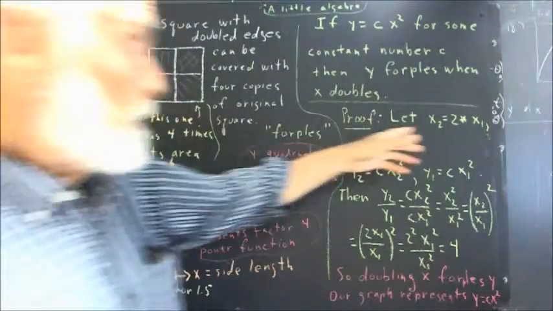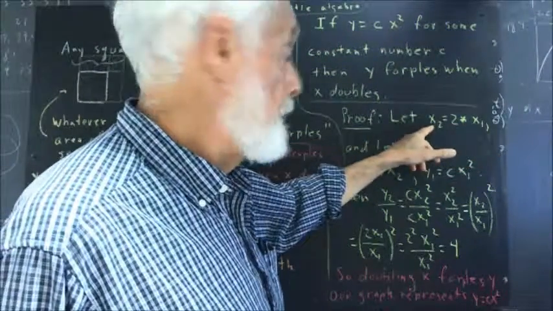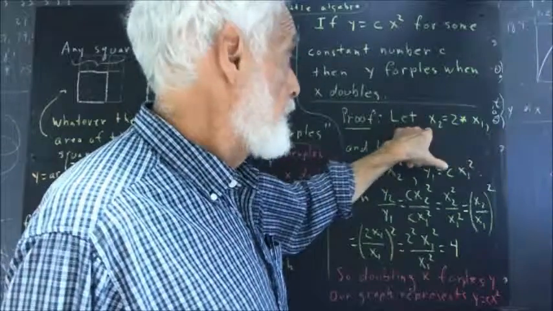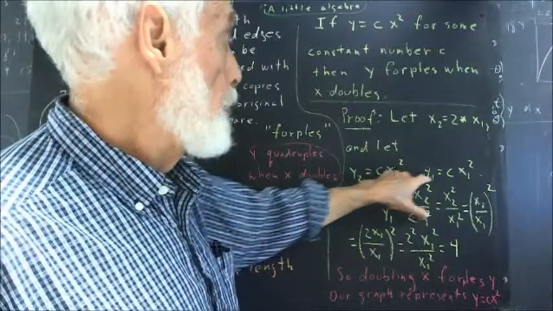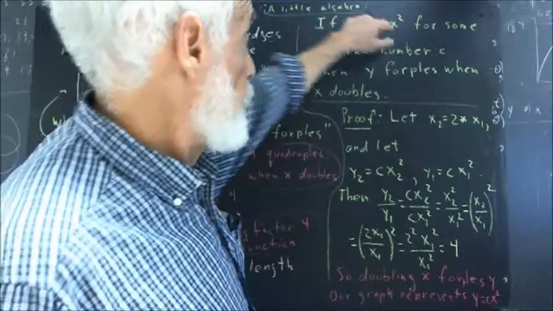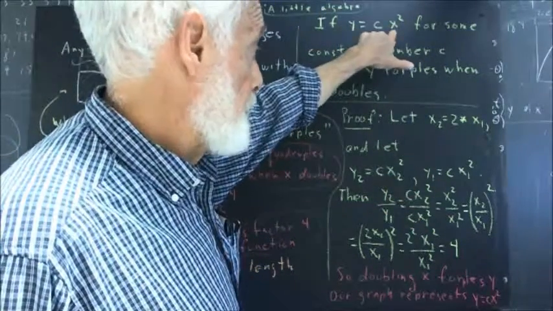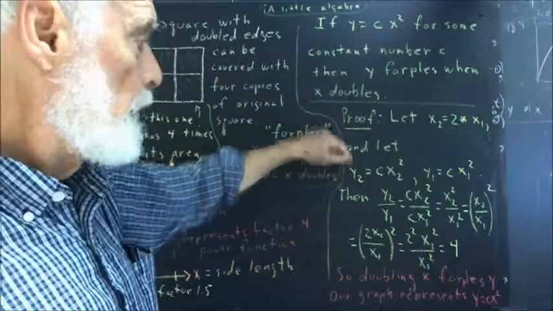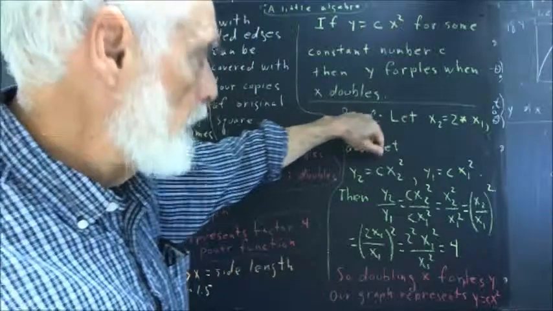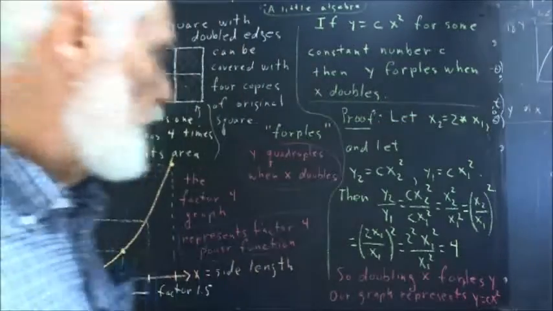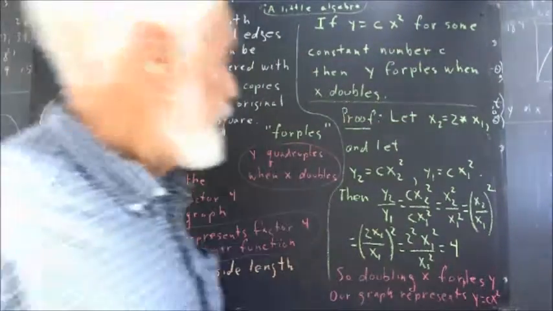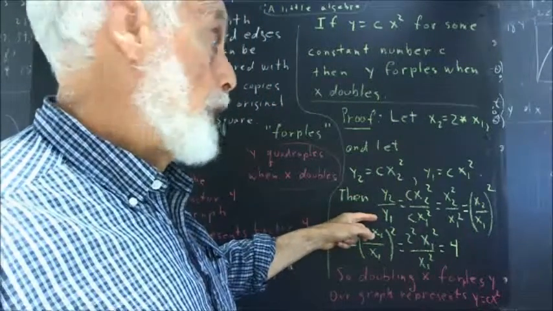What's our proof? Well, we let x1 and x2 be 2 values of x, with x2 equal double x1. And then we let y2 and y1 be what this formula gives us if x equals x1 and x equals x2. So we're going to let y2 equals c x2 squared, y1 equals c x1 squared. Now the factor by which y changes is just y2 divided by y1.